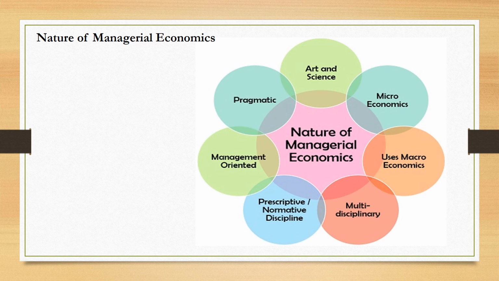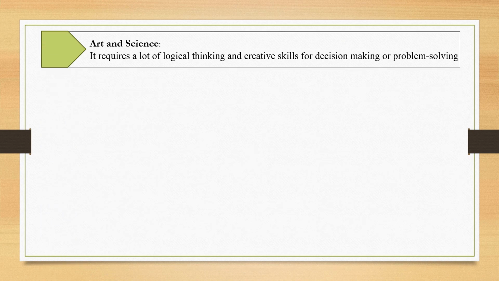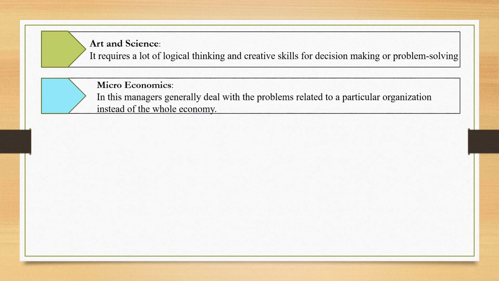Next, management oriented, and lastly, pragmatic. So let us see. The first nature of managerial economics is art and science. In short, we can state it requires a lot of logical thinking and creative skills for decision making or problem solving.